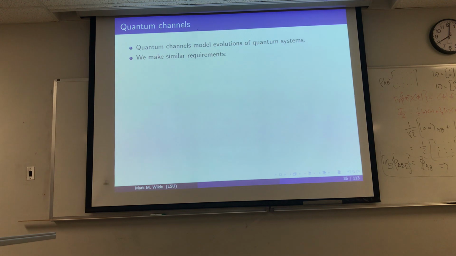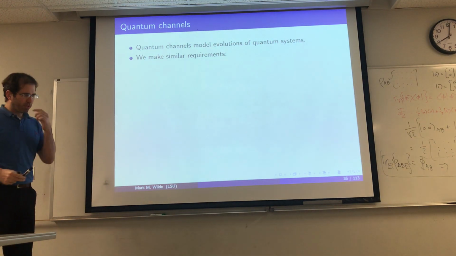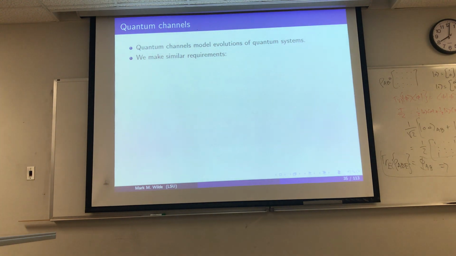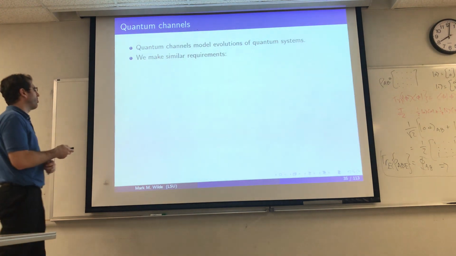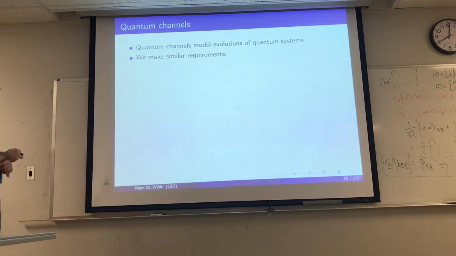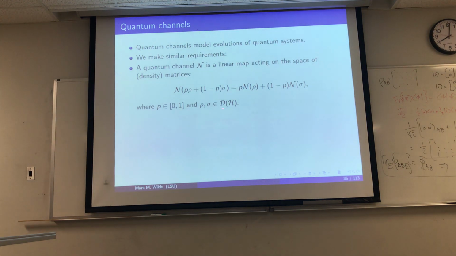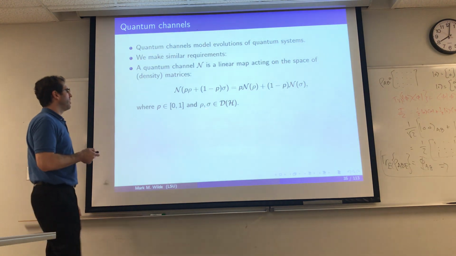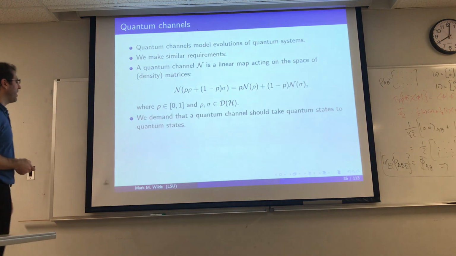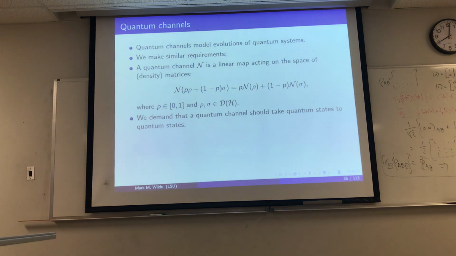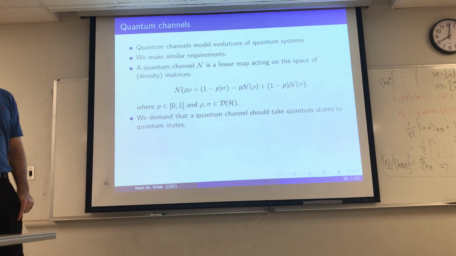Okay, quantum channels, they should generalize the notion of a classical channel. So you make constraints, okay? There are physically motivated reasons why you make these constraints. We have to go fast. So it should have a linear action on the space of density matrices. There's good reasons for that. A quantum channel is supposed to be a physical quantum evolution.